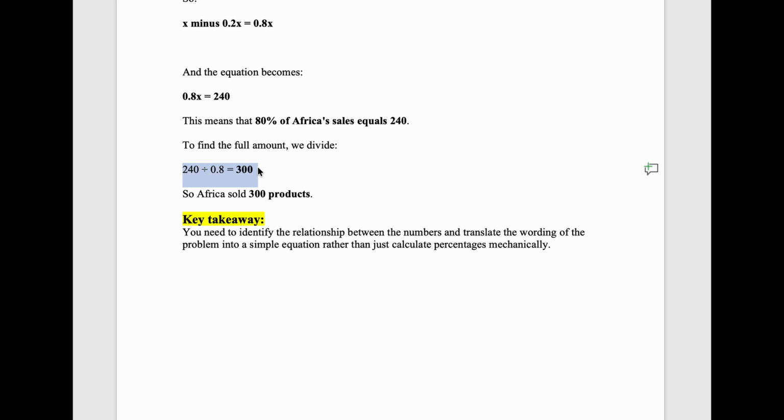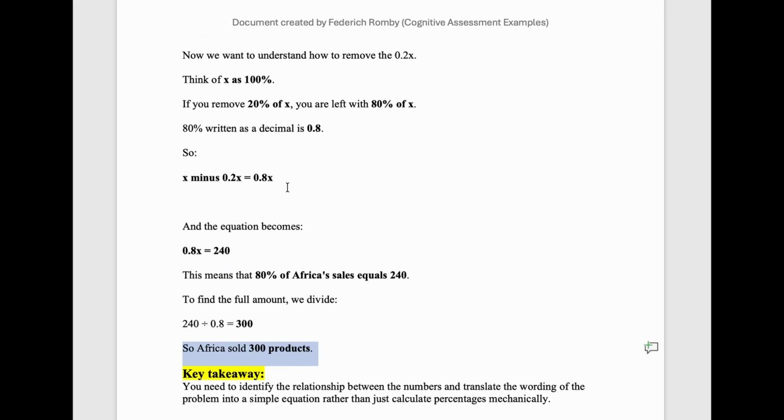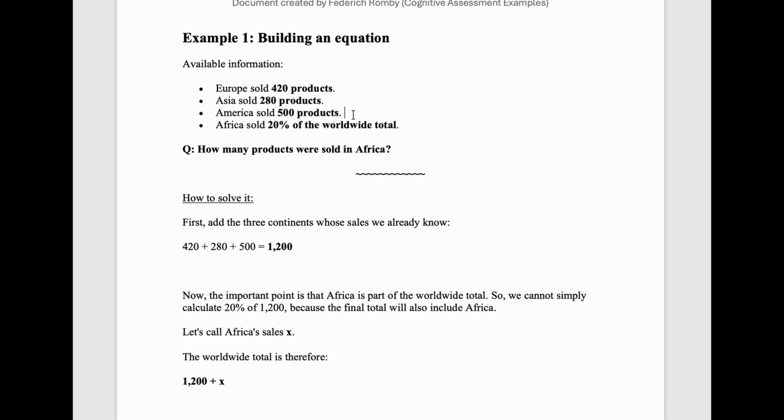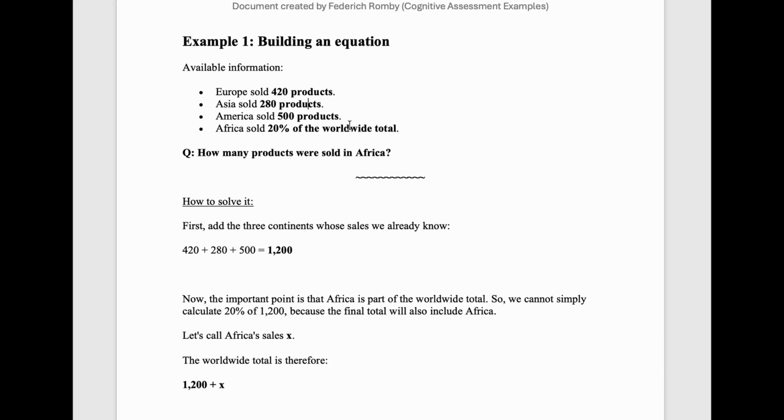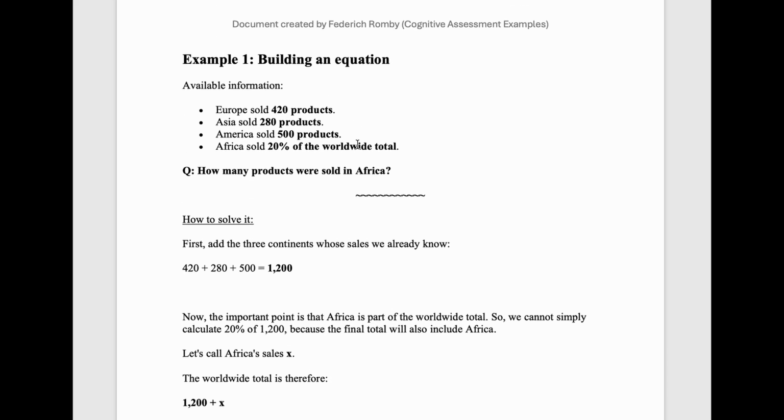Of course, you have to make the calculations taking into account all the right decimals. We ultimately know that Africa, in the end, sold 300 products, which makes sense because, if you compare it to the other figures of the other continents, it is very much proportionate, especially if you look at the overall amounts and the amounts of the other continents.